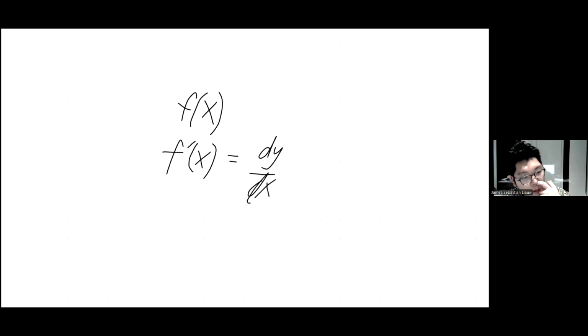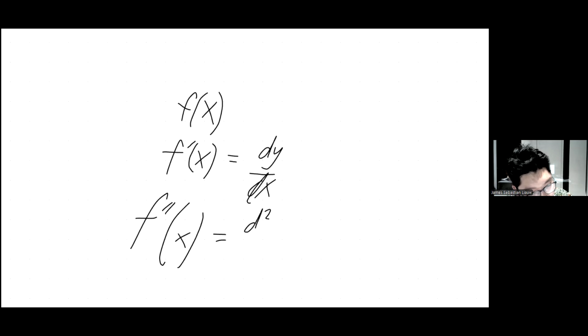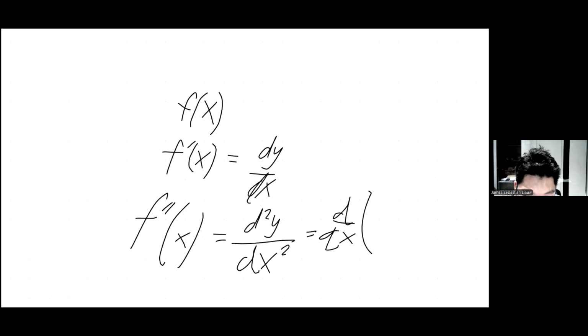And f double prime is the same thing as the second derivative that we discussed last time, d squared y over dx squared, which really is just d dx, the derivative of d dx of y.